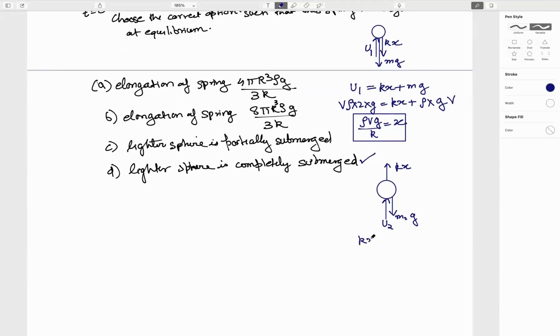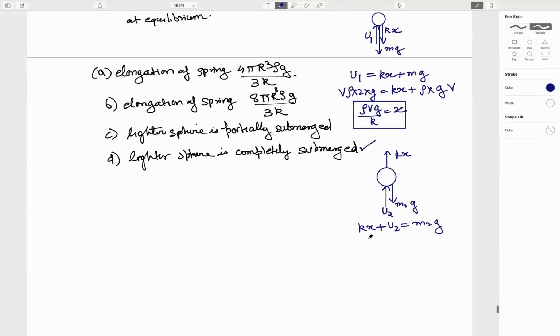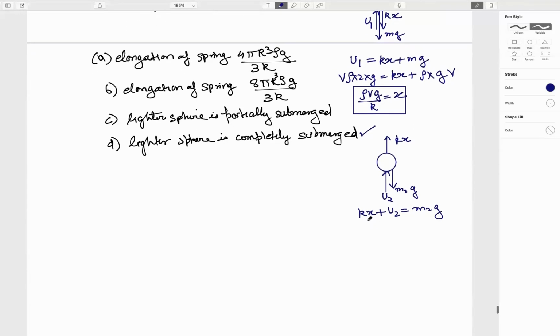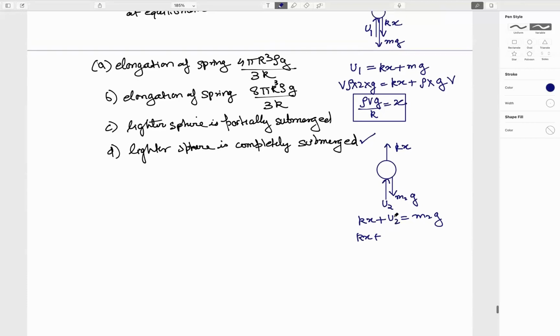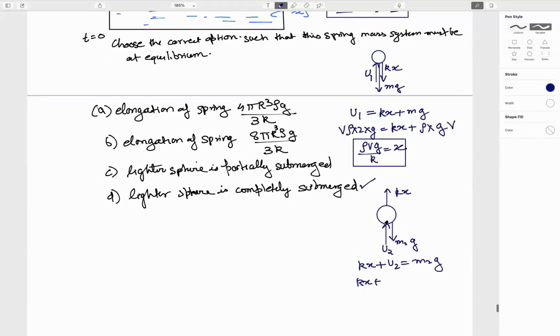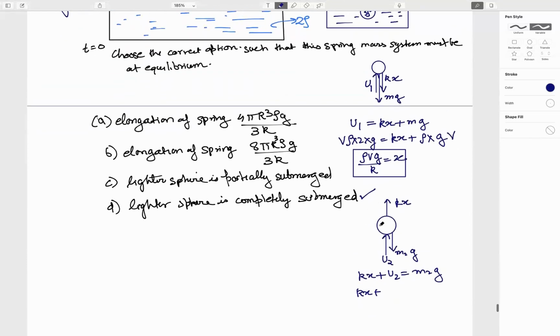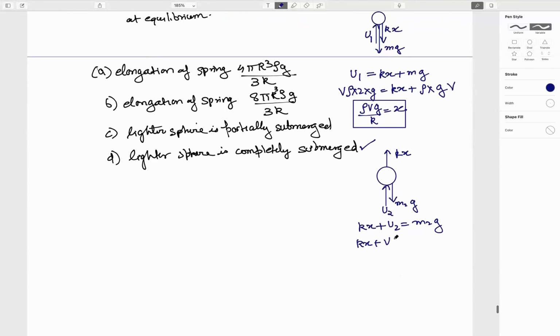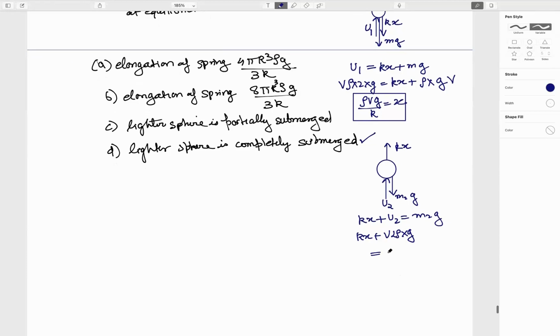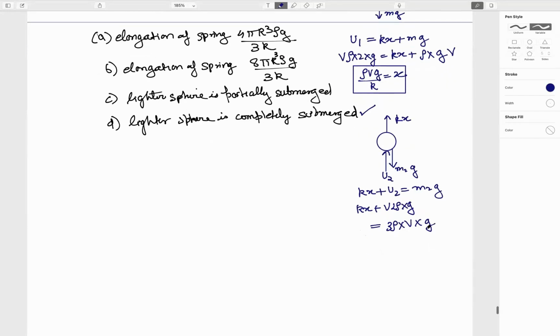So Kx plus U2 is equal to M2g. U2 is the upthrust due to the water displaced by this sphere, so volume of this, density of fluid, that is 2 rho, into g. Mass of this bob is 3 rho into V into g.